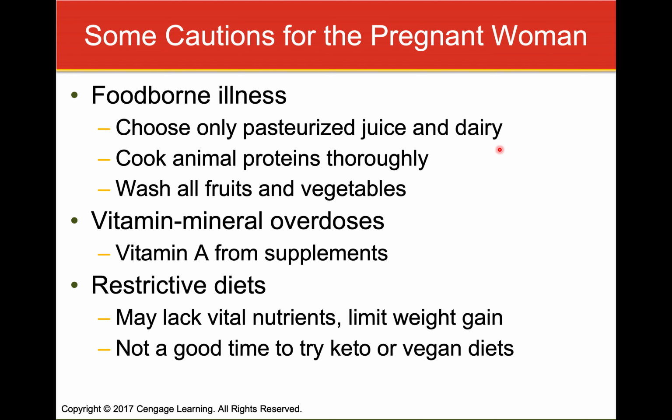Most juices and dairy products that you can buy in the store are pasteurized, but if you buy food from a local farmer's market, it may not be. For animal proteins, you want to make sure they're cooked thoroughly to destroy any harmful bacteria, and you'll want to wash all fruits and vegetables thoroughly.